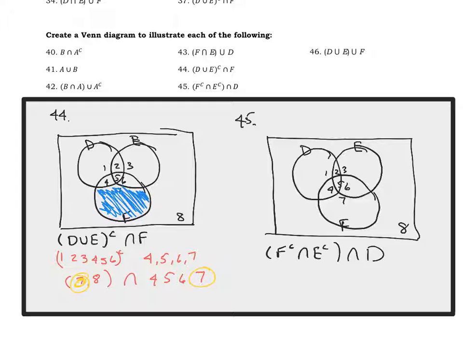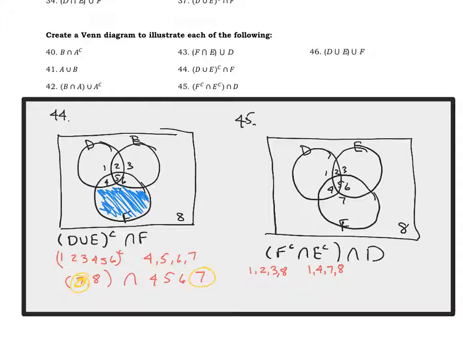Okay, on 45, I want the intersection of the complement of F and the complement of E. The complement of F are sectors 1, 2, 3, and 8. The complement of set E are sectors 1, 4, 7, and 8.